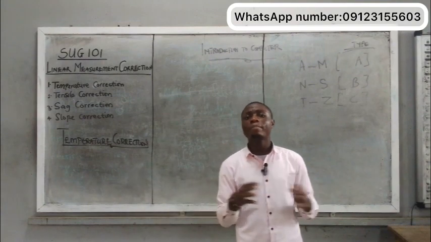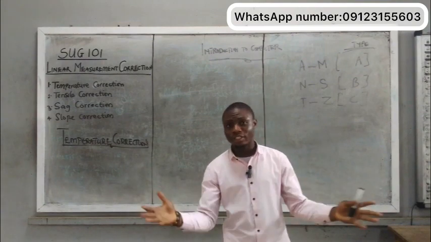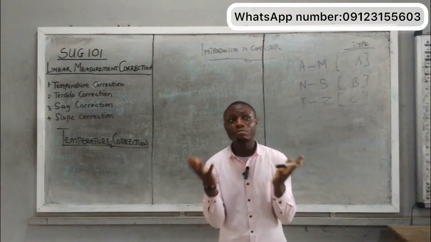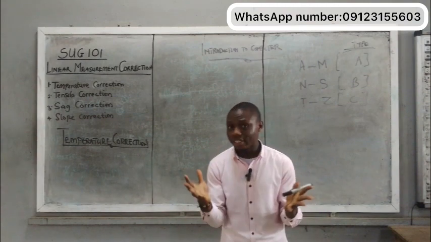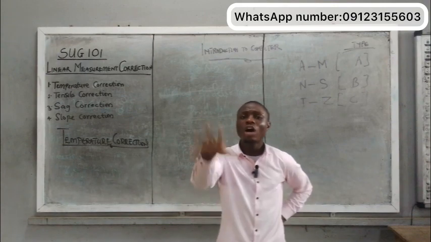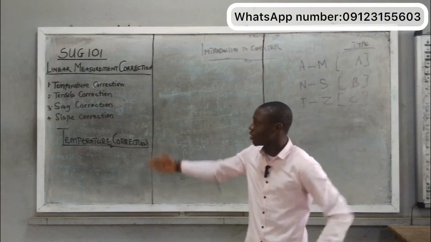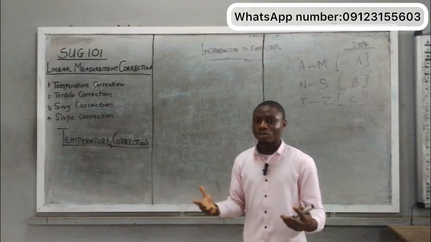But in a case where the surveyor is measuring a land at a time when there is high temperature, the sun is shining, a mistake will occur. Hence, you apply what we call the temperature correction.